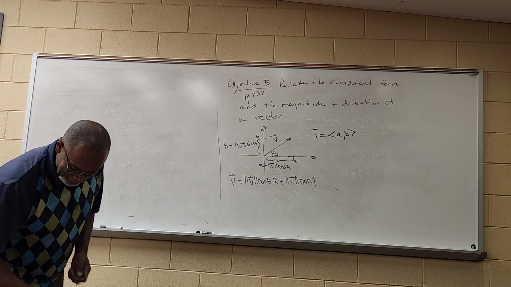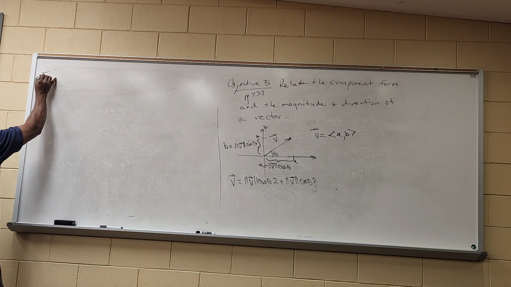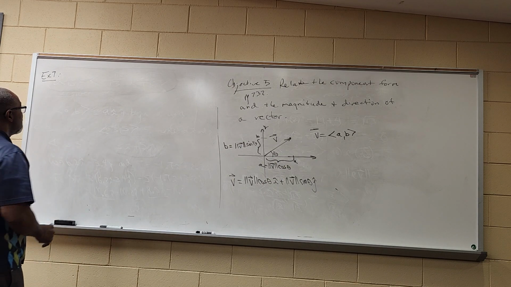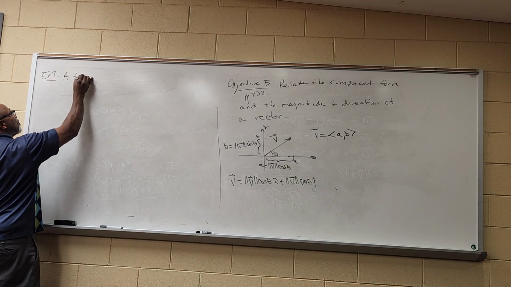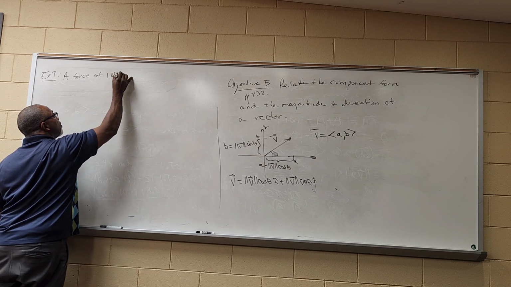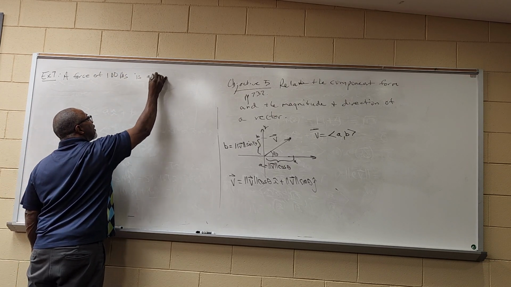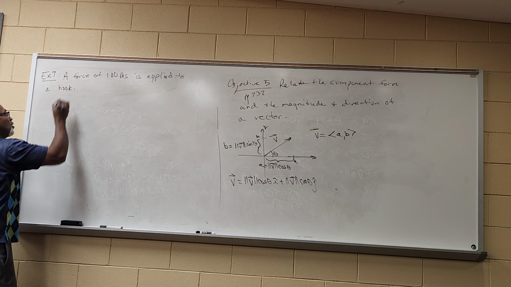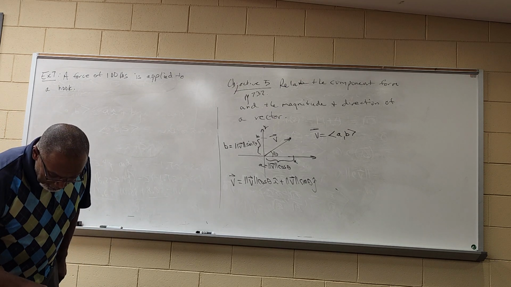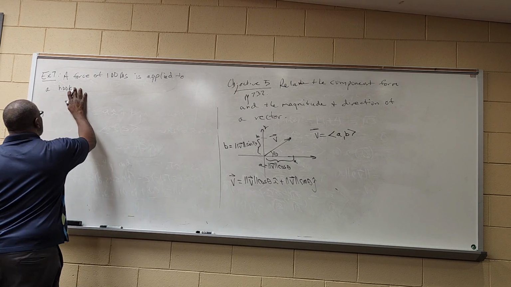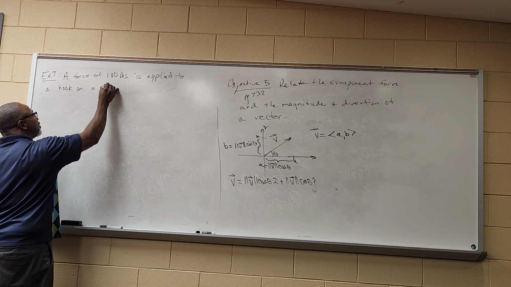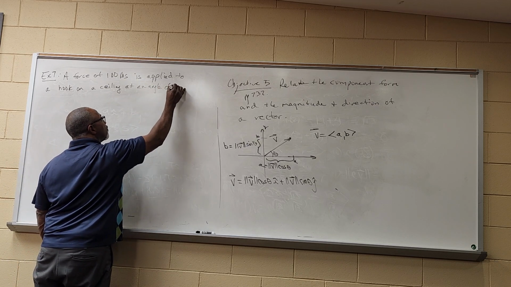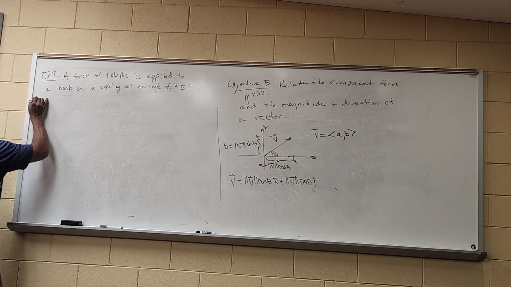All right, with that in mind, example 7. A force of 100 pounds is applied to a hook on the ceiling at an angle of 45 degrees with the horizontal.